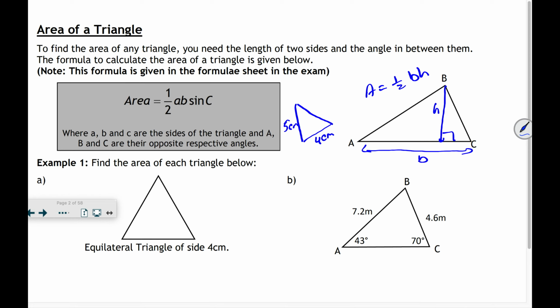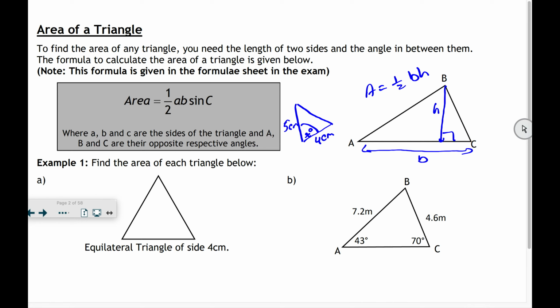But when that other side encompasses the entire triangle, the angle that we have here, we'll just call it angle X, that is all we need to determine the actual area. So this is where we get this formula: area is equal to a half ab sine C. This is one of the formulas that is always given for you in any examination that you do. So there isn't a need to learn it, but you have to know when to apply it.